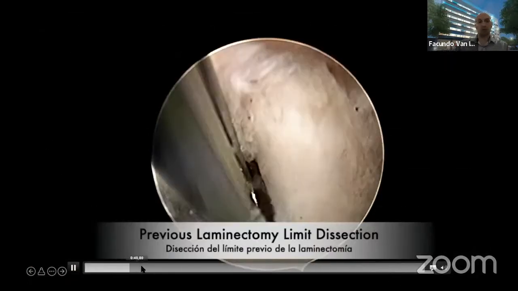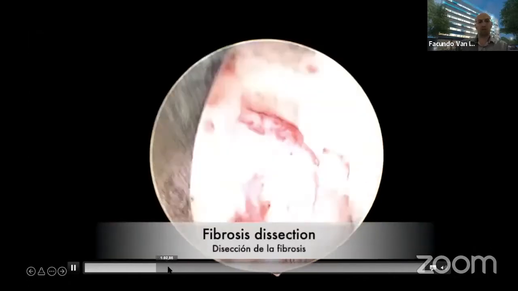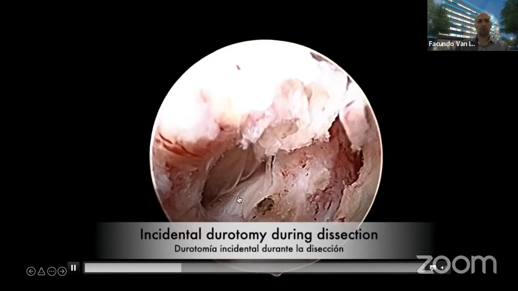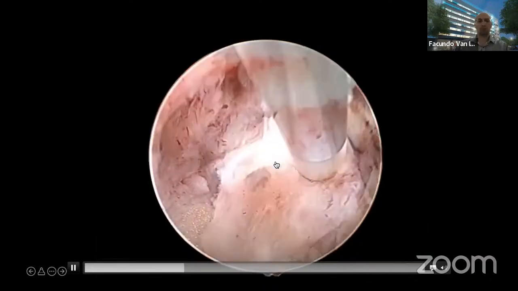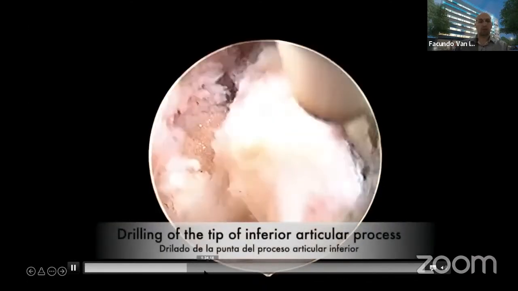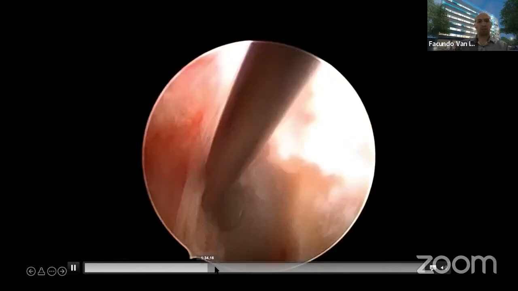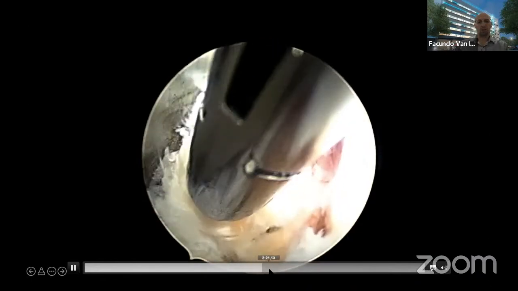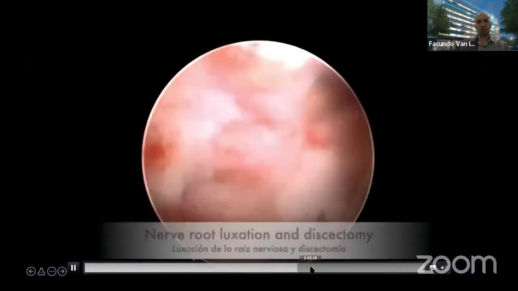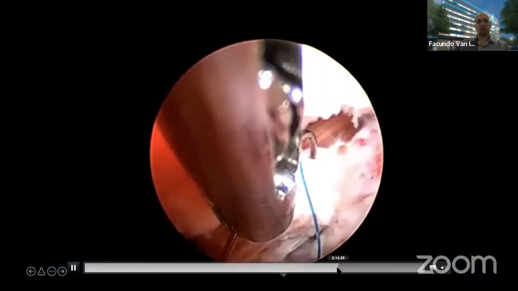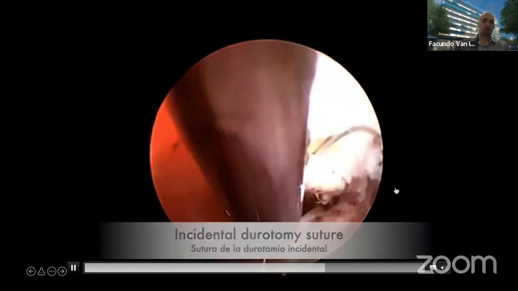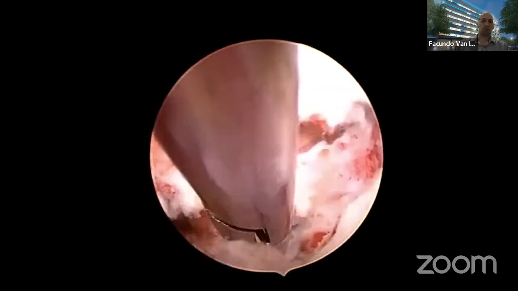I think this is necessary only in cases when you have an open bridge. Here you can see the incidental durotomy, and it's possible to perform a suture of your incidental durotomy with an endoscopic technique.